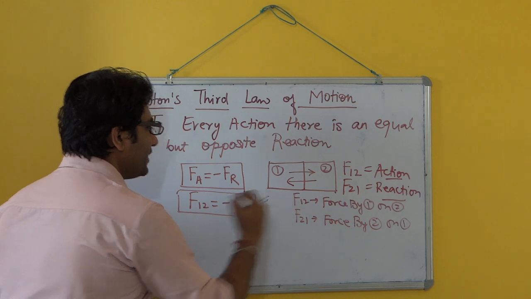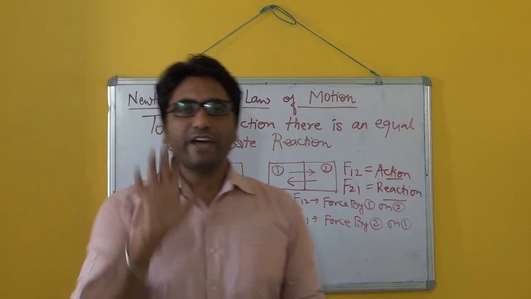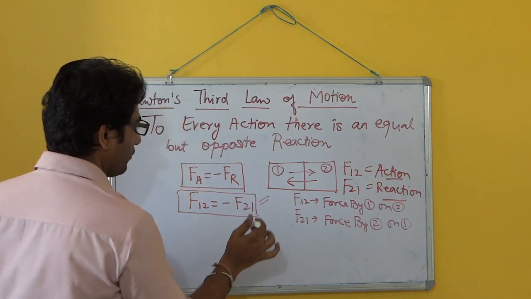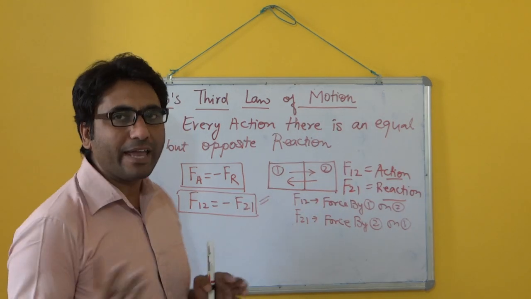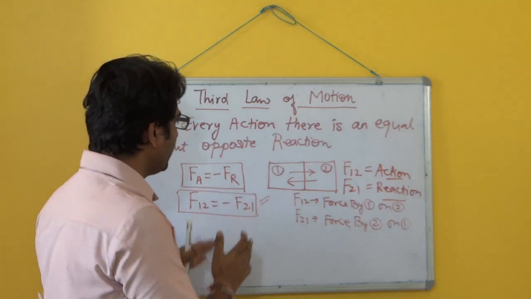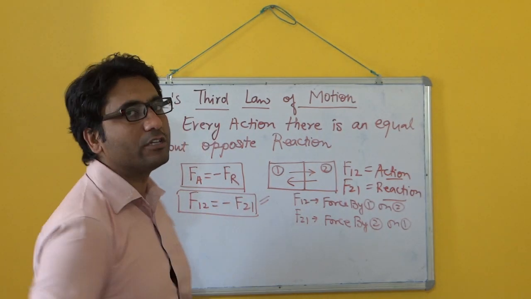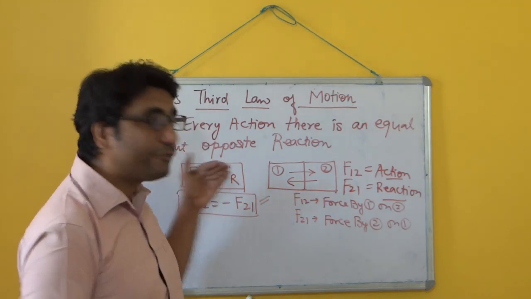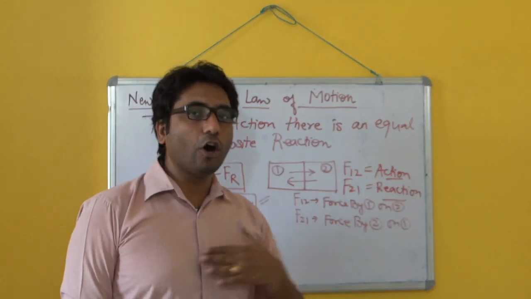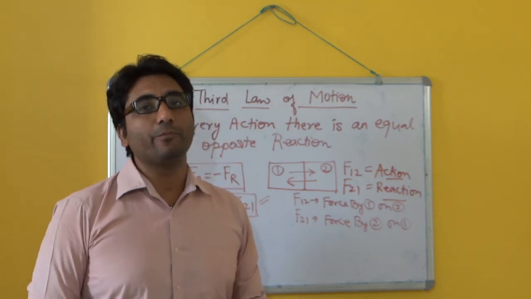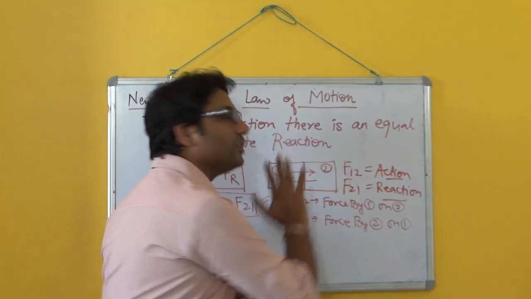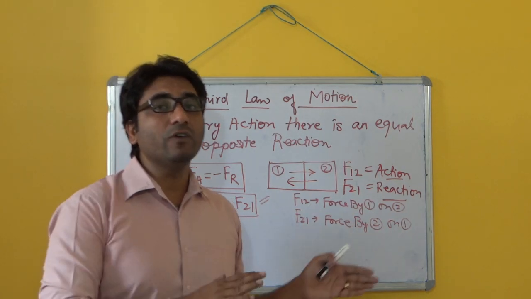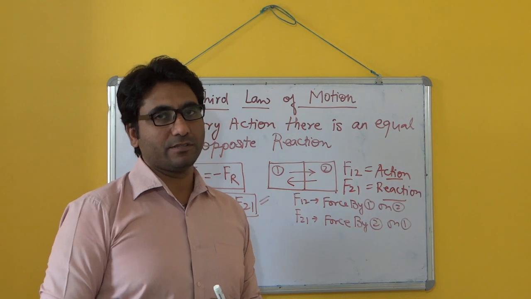To understand this, if I am applying some force on the wall, then the wall in turn will also apply a force. So that force which is applied by wall on me will be equal and opposite to the force I am applying on the wall. So both the bodies will apply equal but opposite forces.